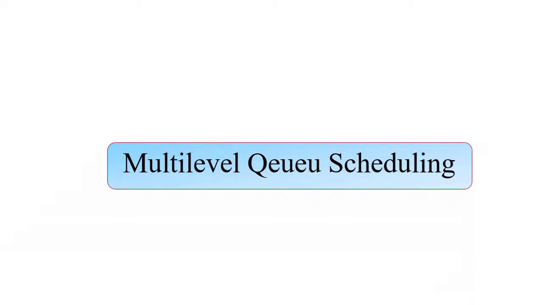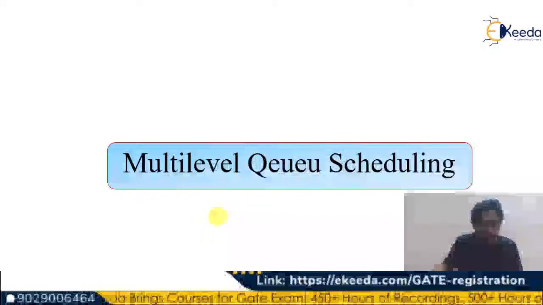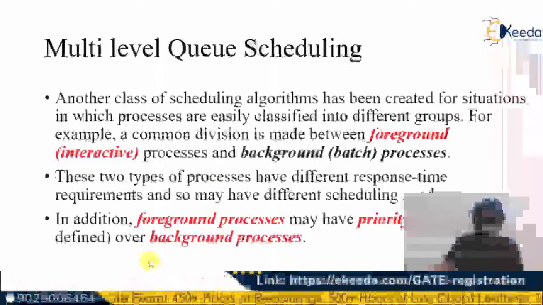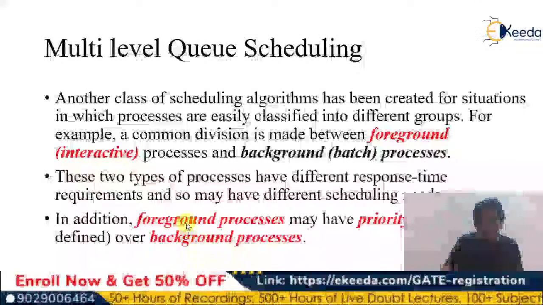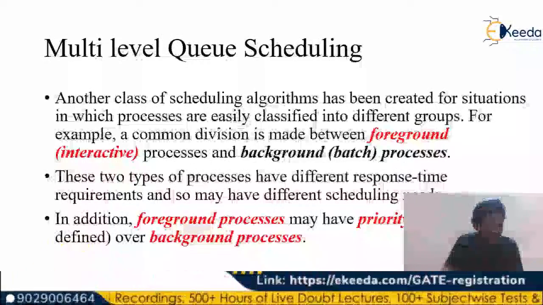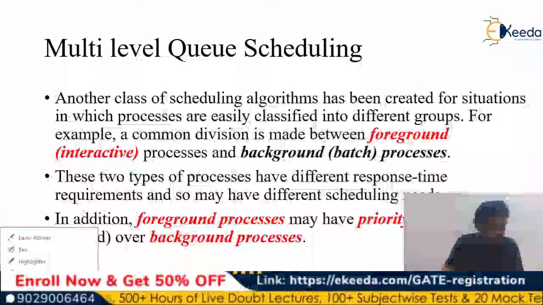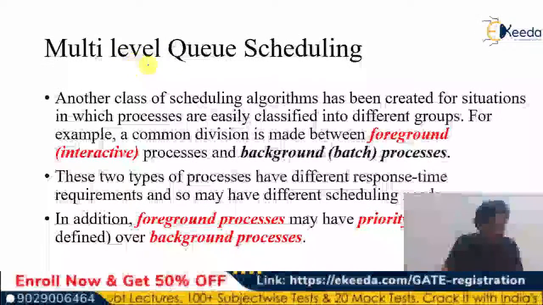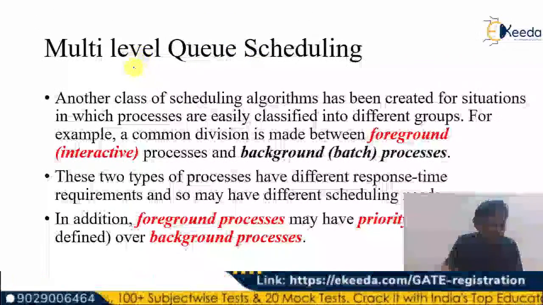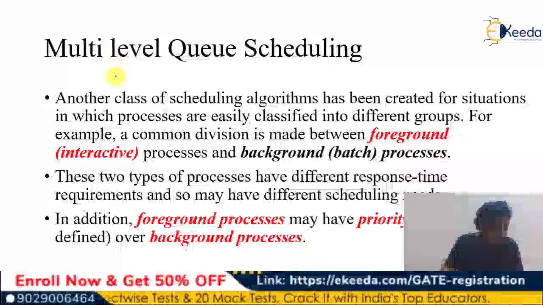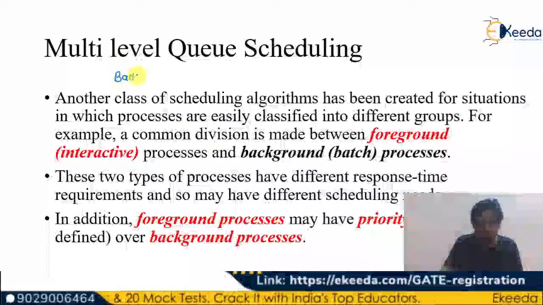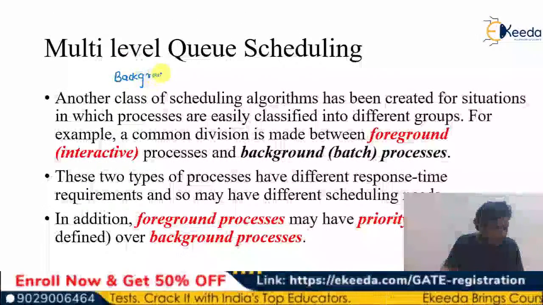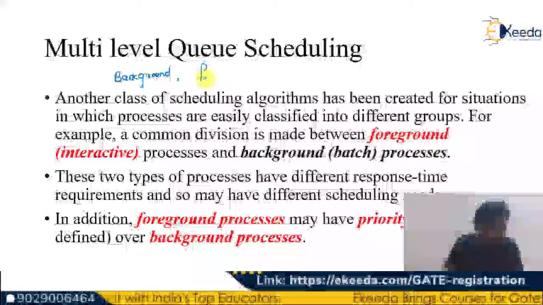Hello friends, in today's class we are going to talk about multi-level queue scheduling. Welcome here, and we are talking about multi-level queue scheduling, and this scheduling algorithm is where we are having a different kind of processes, and this different kind of the processes can be, for example, there can be a background process and there can be a foreground process.